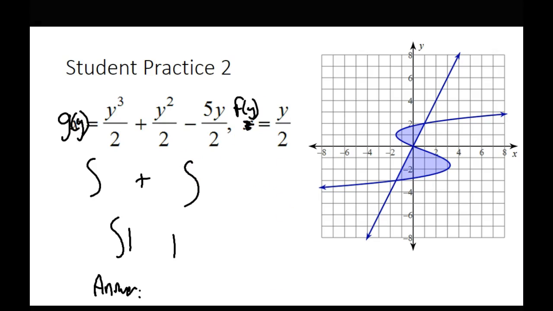Okay, so Heather, what's our first piece going to be going from what limits? 0 to 2. That would be our second one. Okay, good. So our first piece from here to here, the y values are -3 to 0, and then after that it's from 0 to 2.